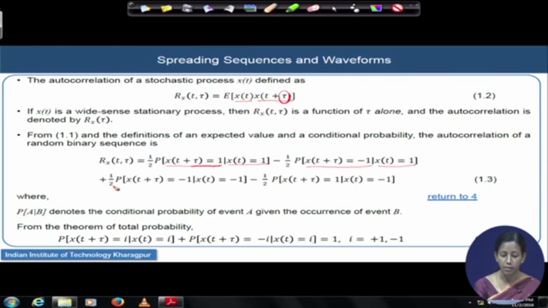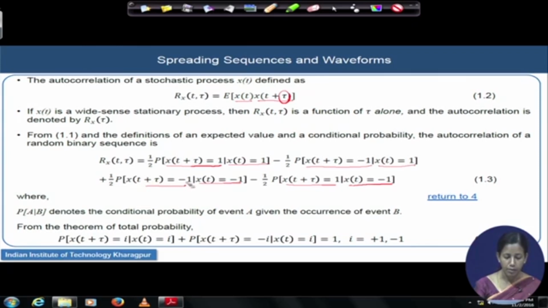Also, half of the times the probability is that I transmitted -1 and I received -1, and subtracted from that is the probability that I transmitted -1, but wrongly received +1. So, these are the correct probabilities of receiving the correct transmitted symbol, and these are the probabilities of the errors. The total of all this is the autocorrelation value that is defined.